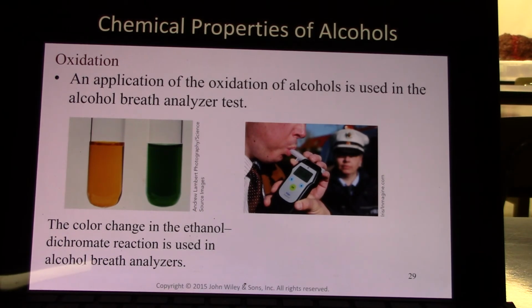If they fail this test, then the person would go to a police station and blow into a much more sophisticated infrared machine to really test how much alcohol is there. This is useful and convenient chemistry, but it's not accurate enough to be legally definitive, which is why there's a much bigger, much more accurate and calibrated machine in a police station as opposed to these handheld tests. But they operate based on the oxidation and reduction of the dichromate ion.